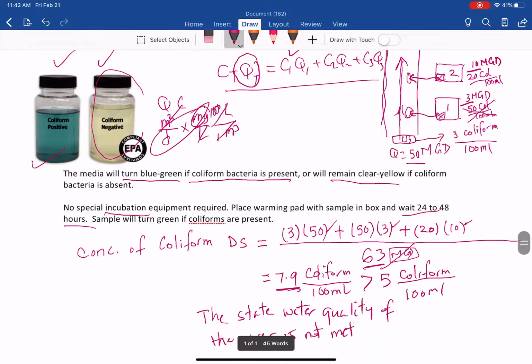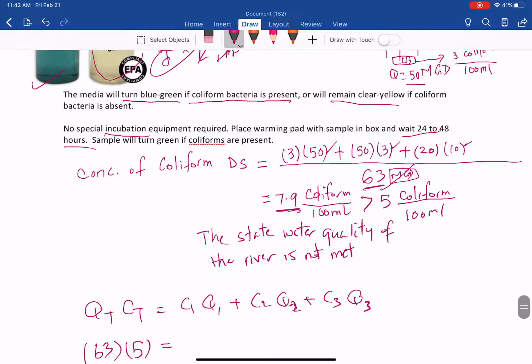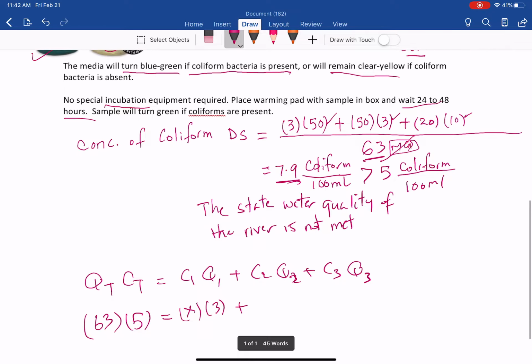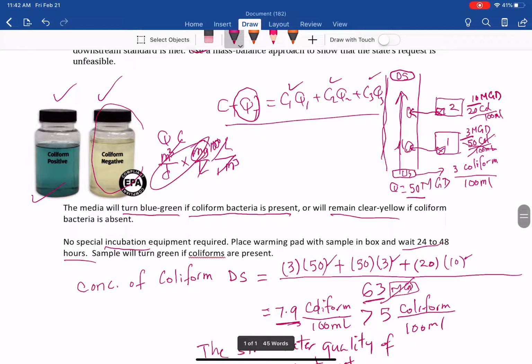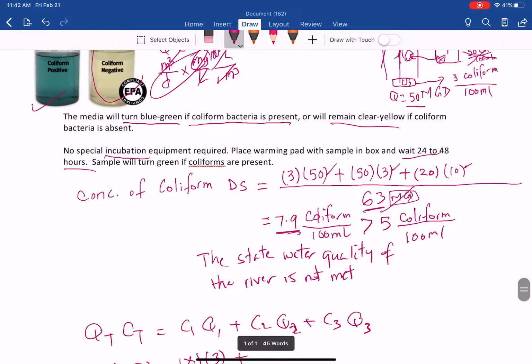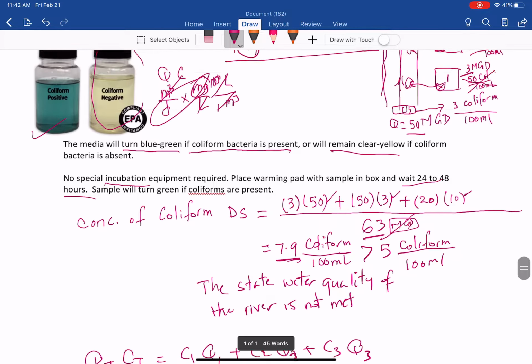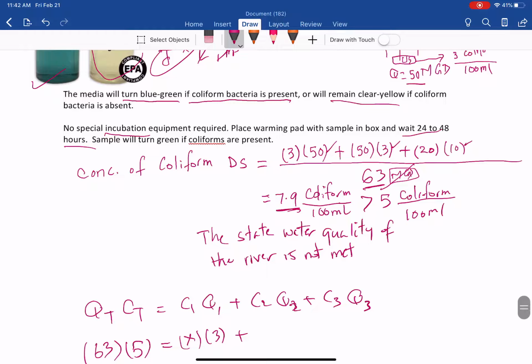So for Town 1, I'm going to put X, which is the unknown, times 3 million gallons per day. What's Town 2? Oh, no, the C1 Q1 is the total upstream of the water.